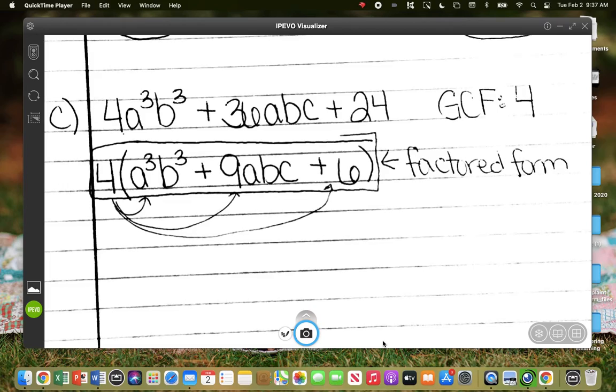Do you guys remember in middle school whenever you were given a number and you had to make a factor tree? And you had to split up like 24 into 4 times 6, and then you split the 4 up into 2 times 2 and the 6. You're essentially doing this, but with variables. So it's not as simple, and there's not as many branches on the tree because there's not as much in common.